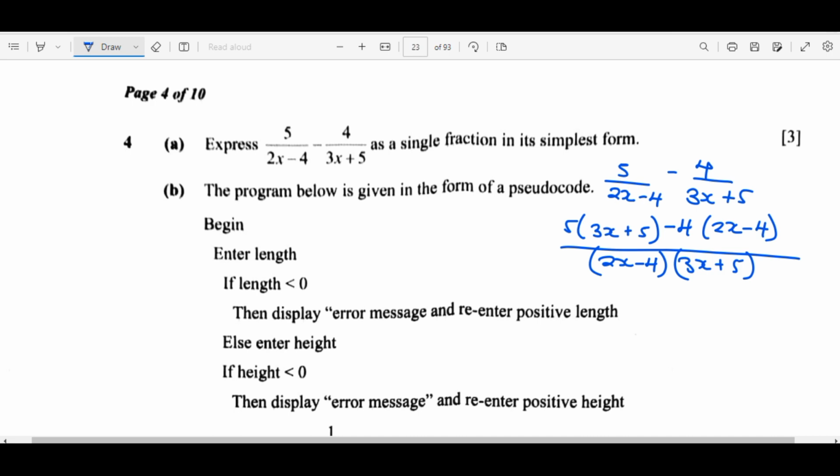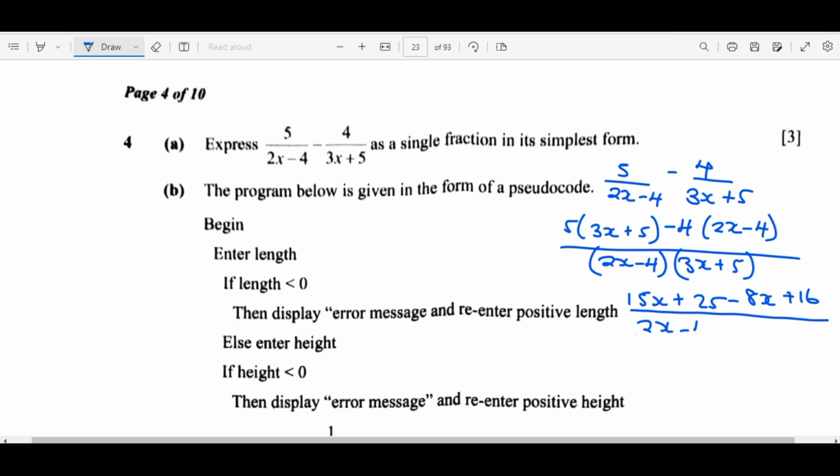Then we can work out there: 5 times 3 we're going to have 15x, and then plus 25, and then minus 8x, and then plus 16.